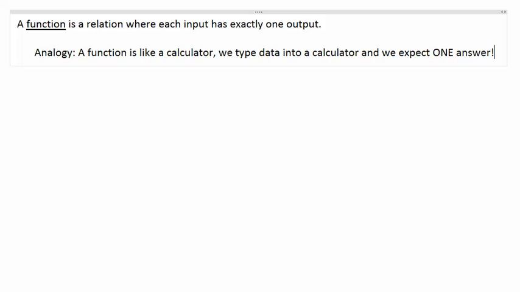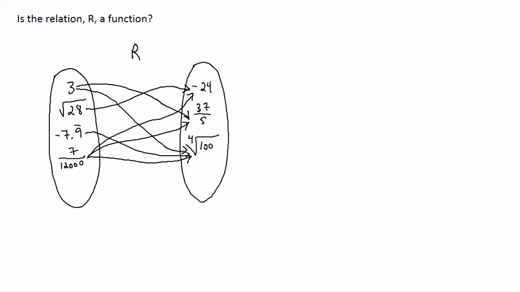So let's go back and grab the relation R that we talked about earlier. Here's the relation R we looked at before, and the question is, is this relation a function? Every function is a relation, but not every relation has that special property of being a function. So how do we determine if this is a function?